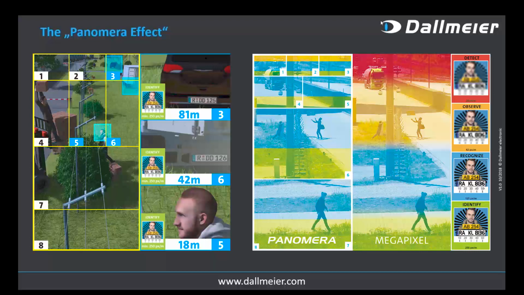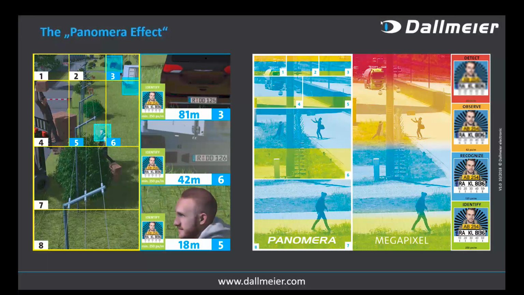So there is detect, apologies for the German here, which is 25 pixels per meter or less, which basically means, well, I can see something is happening there. There is observe, that's the yellow one, 62.5 pixels per meter.